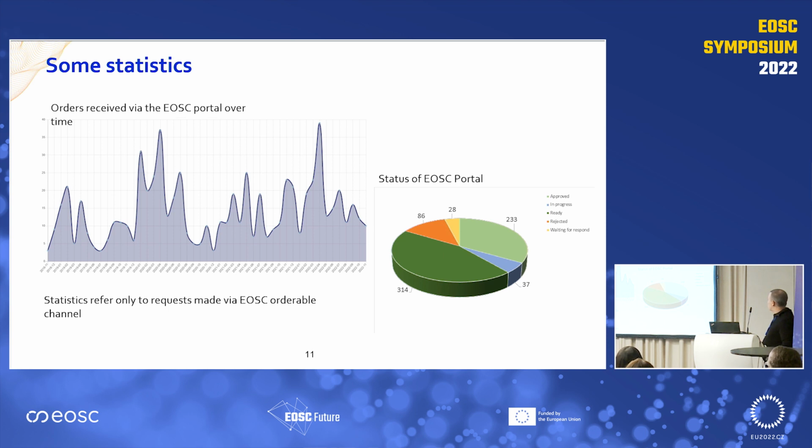The big section of the pie chart is the orders which are ready, so they are implemented and used by the users. Some of them were rejected, and there is also an in-progress phase, so some orders are in progress.